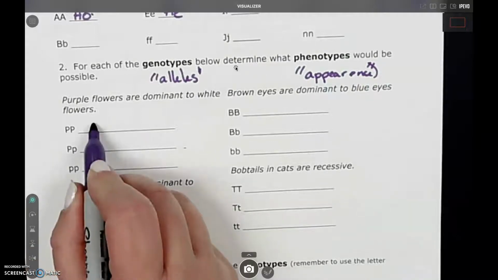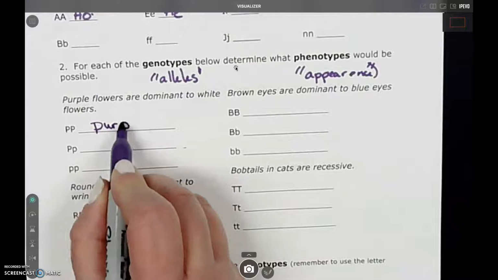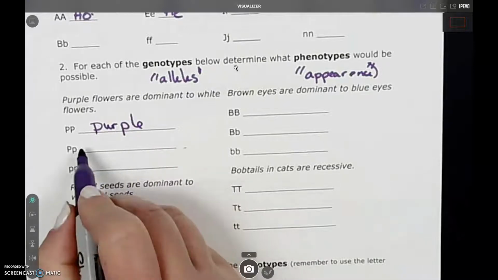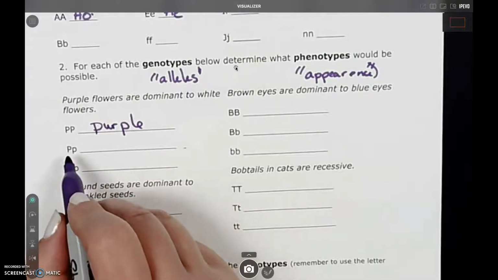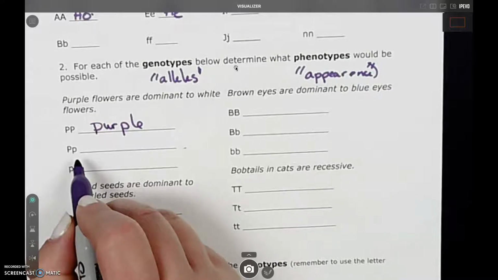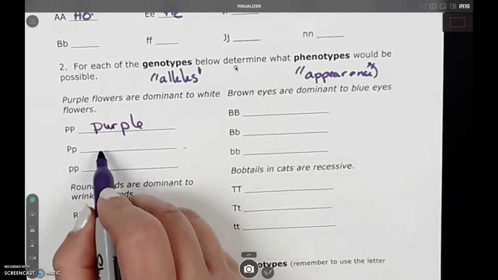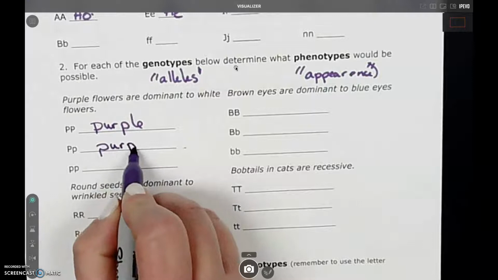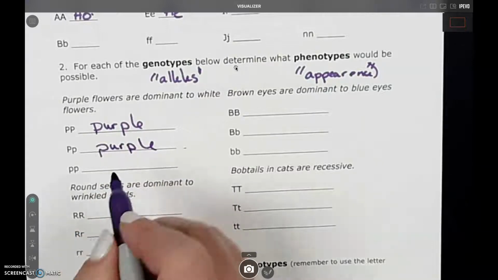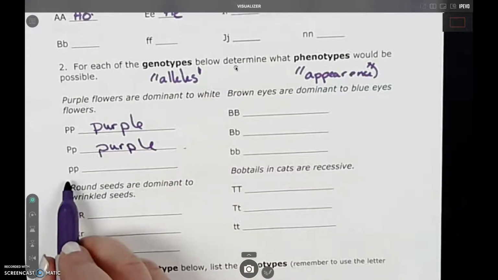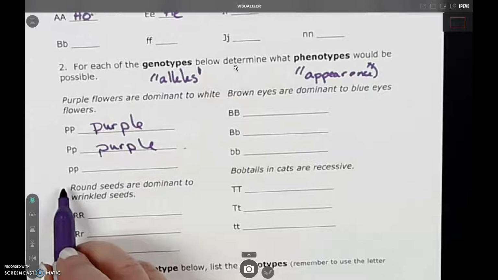Purple. If you have one big P, one little p, what's it going to look like? Purple. If it's two small p's, what's it going to look like? No. There's no purple gene there. White.